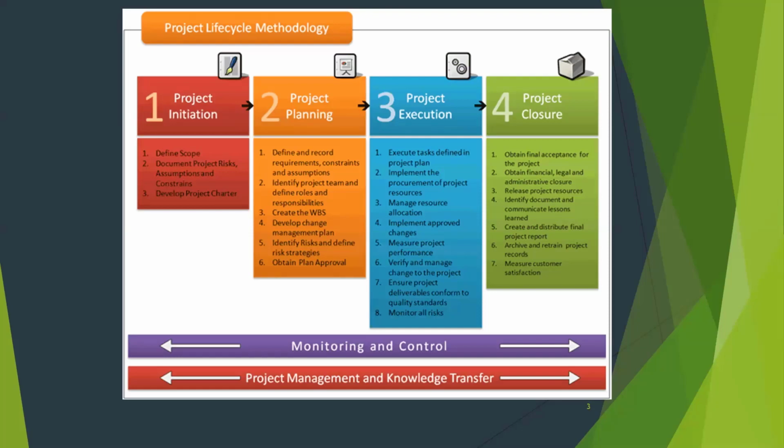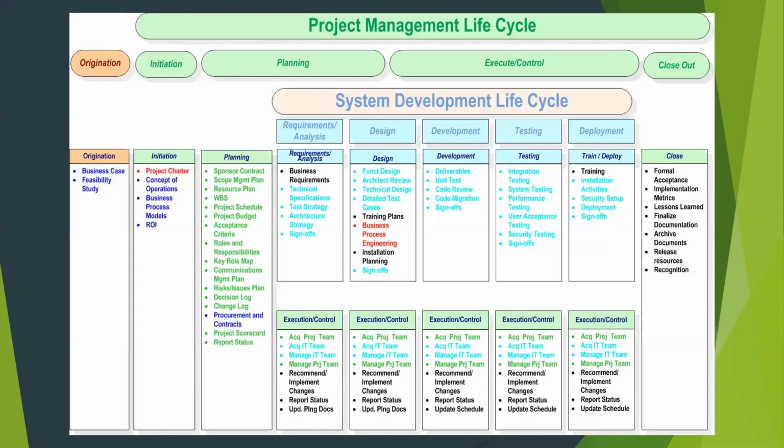So this is meant to highlight the different types of document artifacts and activities that you might perform during the different phases of a typical waterfall type of project. This is meant to be a similar depiction in a little bit more detail of the different types of artifacts that you might need to manage within the project.